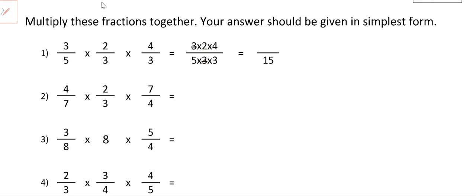So I'm going to replace that and that with 1 times, and then it becomes 2 times 4 over 5 times 3. Now, is there anything else I could cancel? No. So it becomes 8 over 15. Because multiplying by 1 doesn't change.